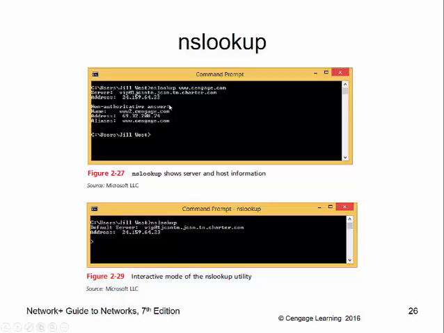That'll send a request to my local DNS server. Hey, what's the IP address for server 1? If it's able to resolve it, it'll send it back to me. If it's not able to resolve it, it'll tell me that, and I know I've got some kind of DNS problem somewhere, either local to my environment or out in the greater internet somewhere.